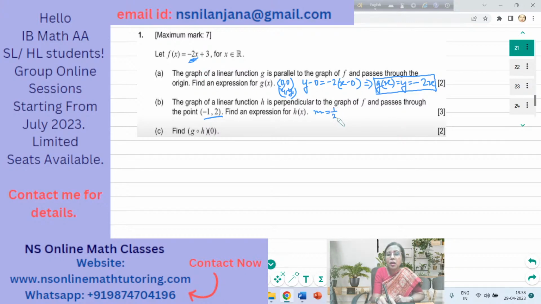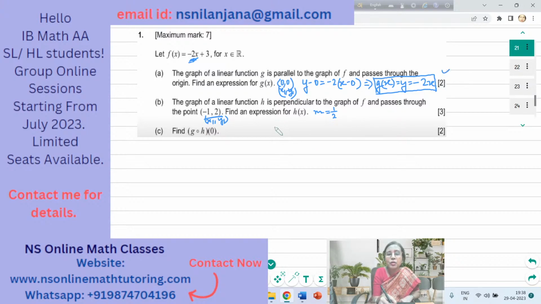So the gradient of this h of x expression will be half, and it is passing through the point minus 1, 2. So this is x1 and this is y1. This time let me use y equals mx plus c.